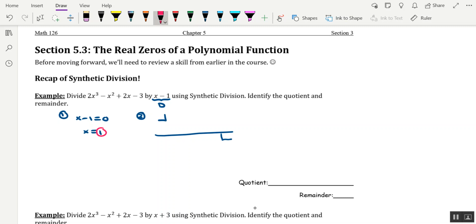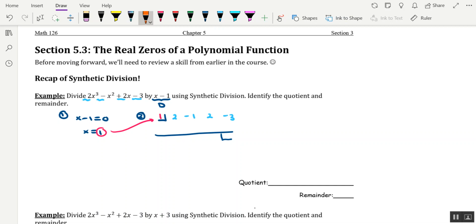And this number 1 is going to go inside our first half box, and you may recall that there are numbers that we write out directly to the right of this number, and those come from the coefficients of the polynomial, which is the dividend. Alright, so that would be 2, negative 1, 2, and negative 3. That's the setup for the synthetic division.